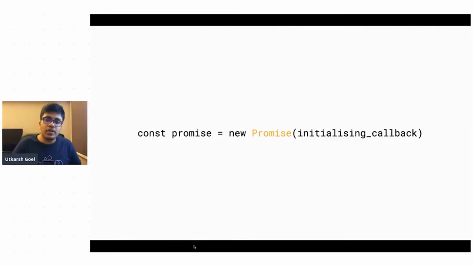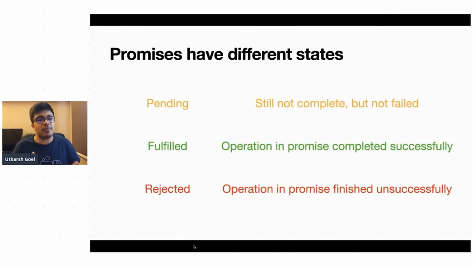So basically, a promise is created using the Promise constructor, and this constructor has an initializing callback function. What this basically means is that it takes a callback function as an initializer for the object. And as an object, it has 3 states.